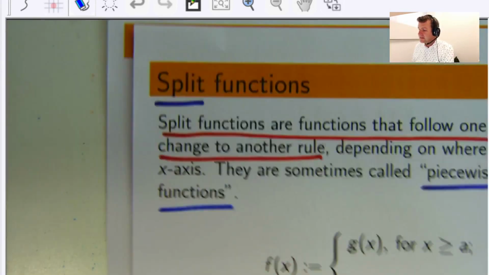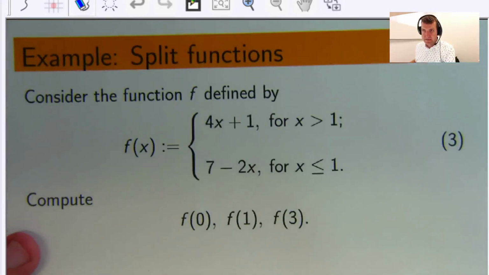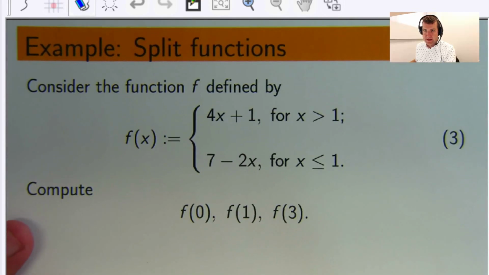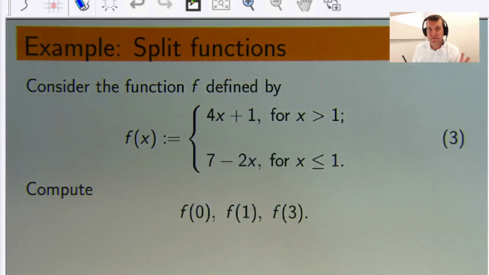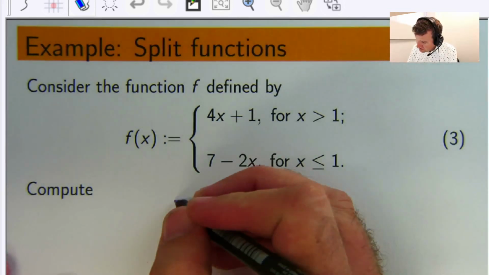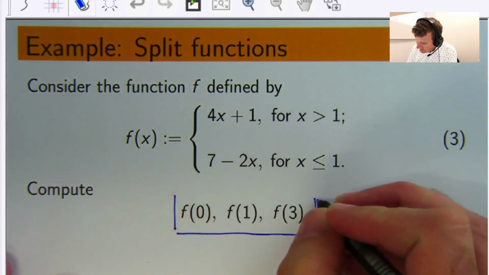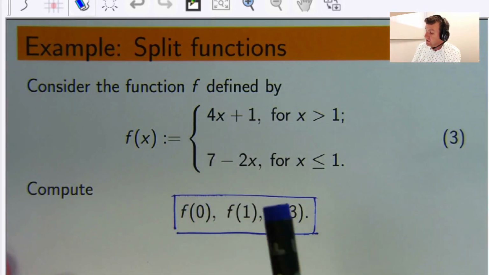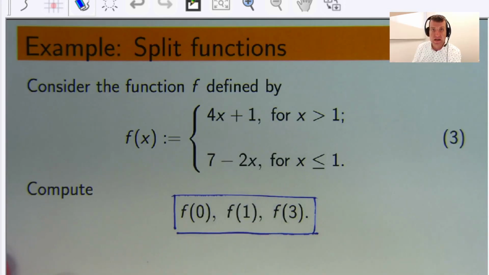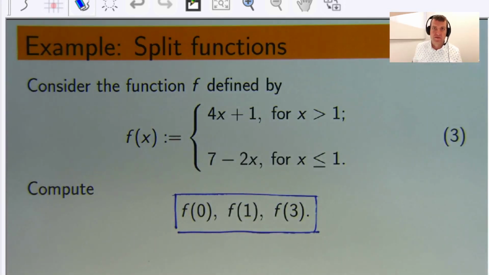So what is the example that we're going to look at today? Consider the following function defined in this piecewise or split manner. We're asked to compute three values of f: f of 0, so the value of f when x equals 0; f of 1, the value of f when x equals 1; and similarly, f of 3.